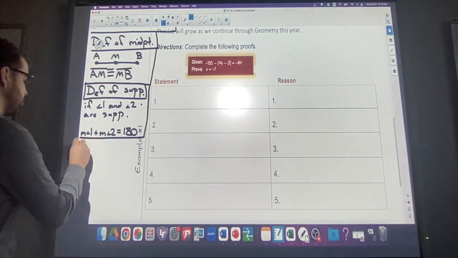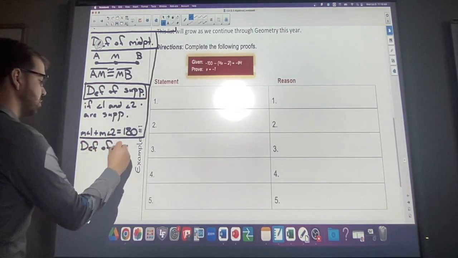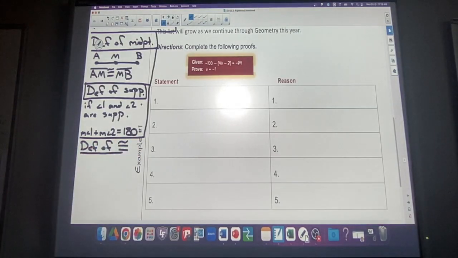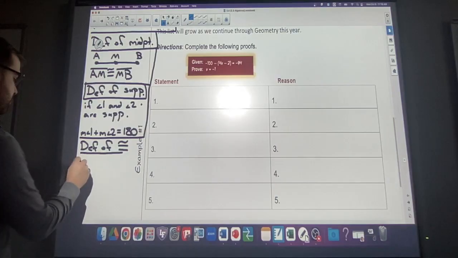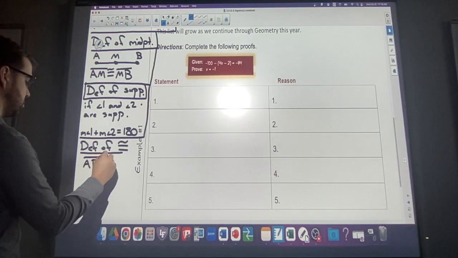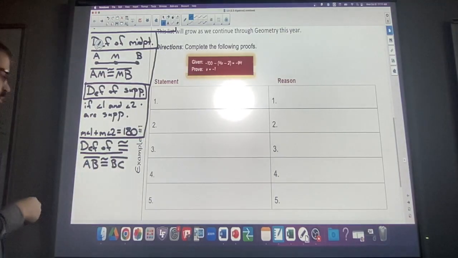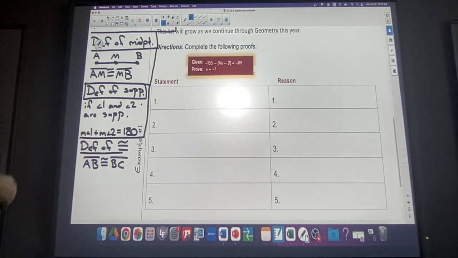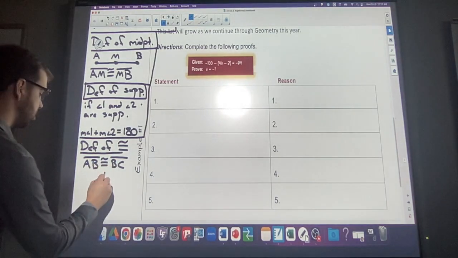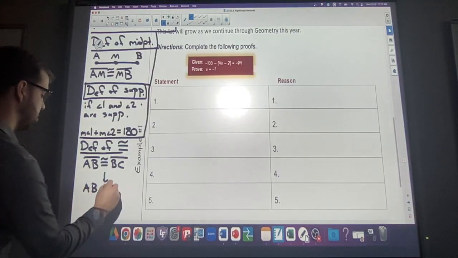So definition of congruent means this. If I had segment AB is congruent to segment BC, but I instead need to say that the numbers or the lengths, like centimeters, inches, are equal, I can go from this to AB equals BC.